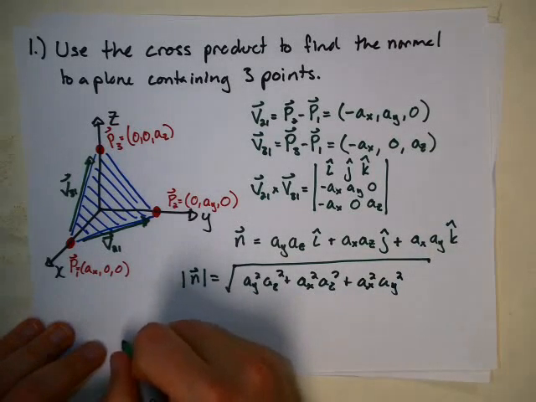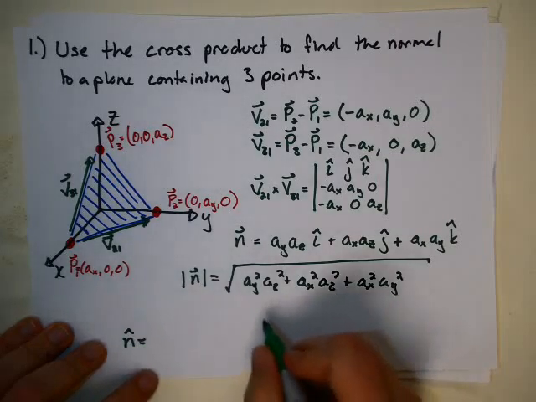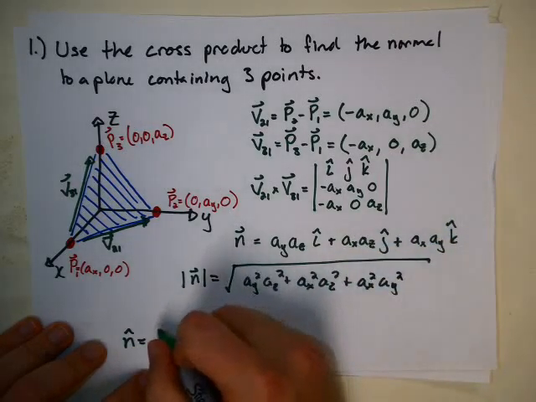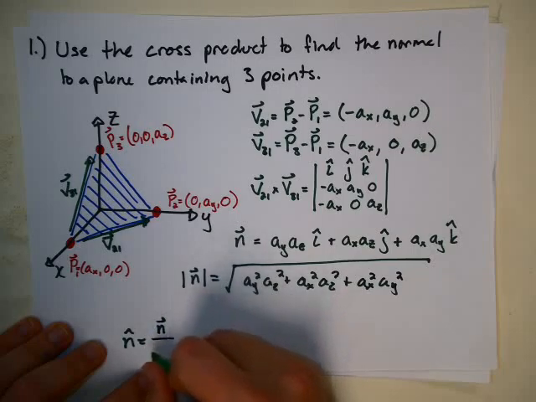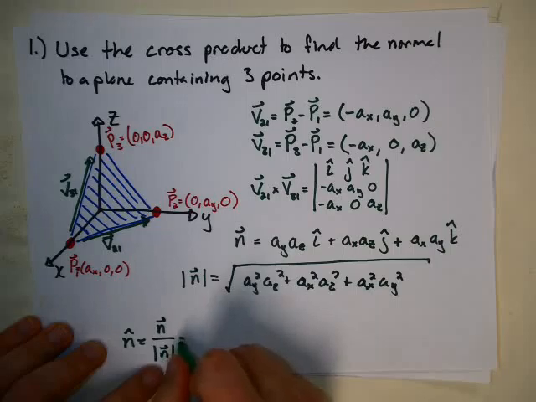And then finally, the unit vector normal to the surface is n hat, which is n divided by the magnitude of n.